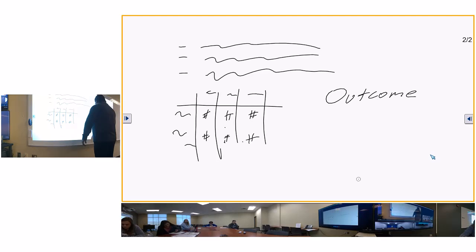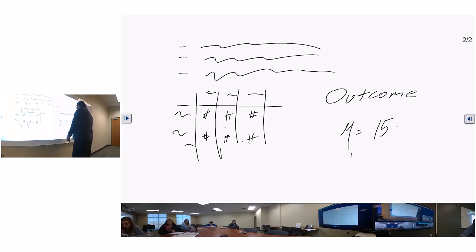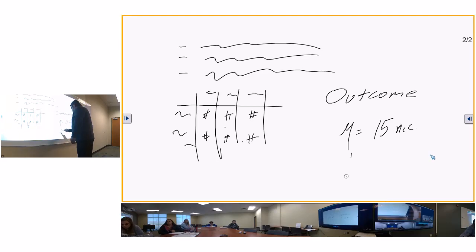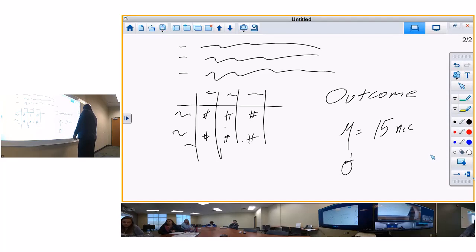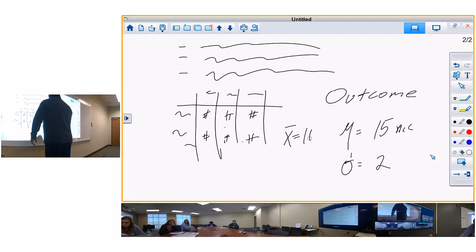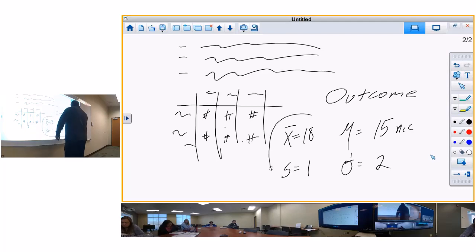And I say mu is equal to 15 accidents and standard deviation, well, I could, standard deviation is equal to 2. And then I go over here and I say x bar is equal to 18 and s is equal to 1. And that's my outcome.